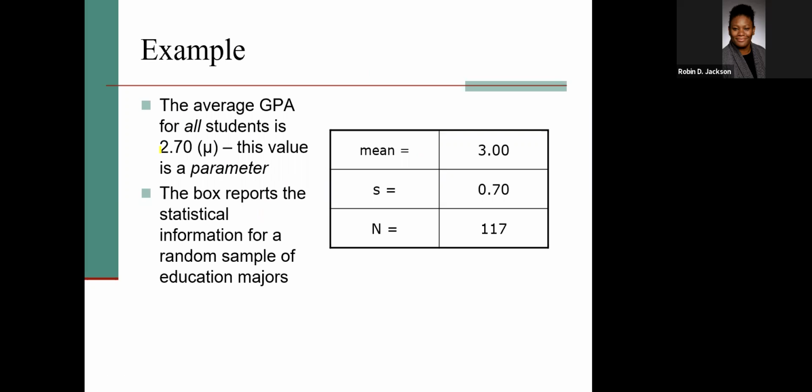Anyway, you get the gist. You know the population mean, which is the population parameter, is 2.70. This right here is the sample mean, sample standard deviation, and the number of people included in the sample. That information is going to be really key and important when it comes to testing the hypothesis. Notice that we have not been given the population standard deviation. Keep that in mind.